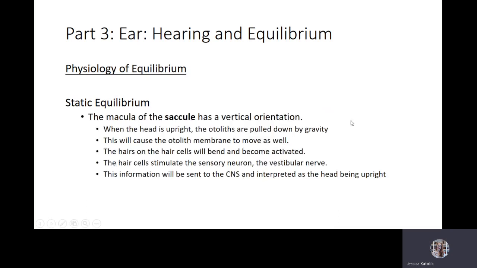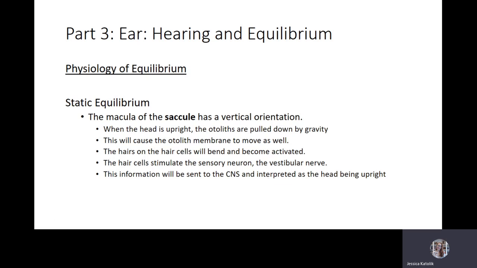It is important to note that the saccule, on the other hand, has its macula oriented in the vertical orientation. And so when the head is upright, the otoliths are being pulled down by gravity. Then the saccule will activate the hair cells, activate the vestibular nerve, and the body will interpret this activation of the macula in the saccule as the head being upright.